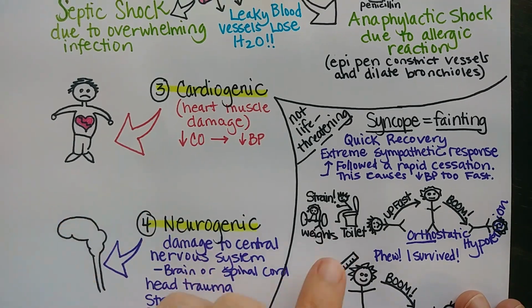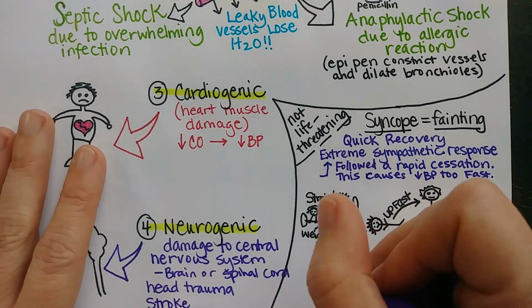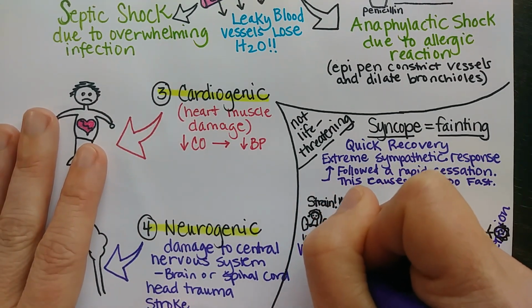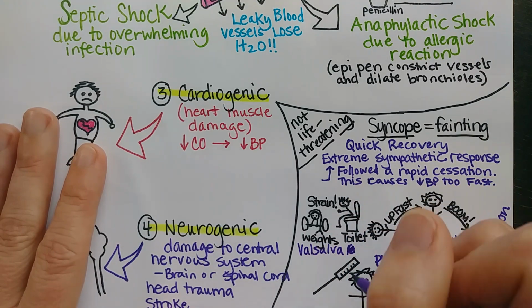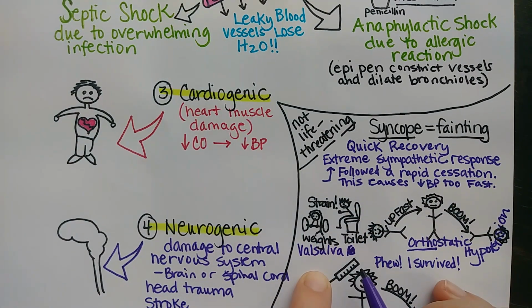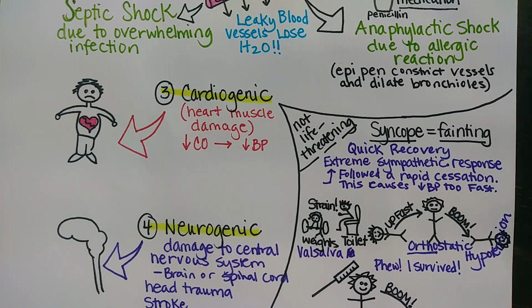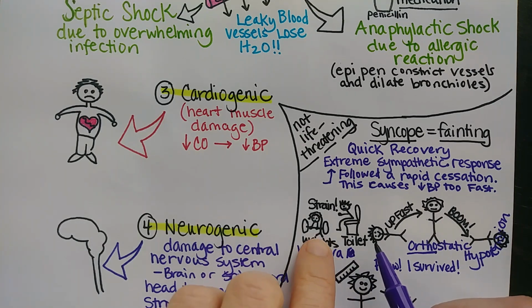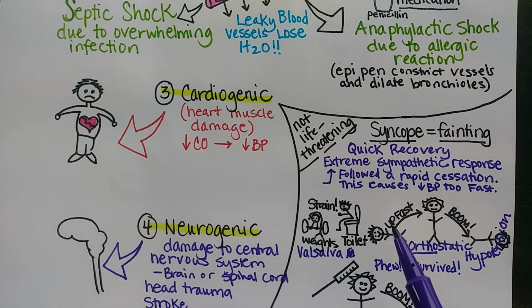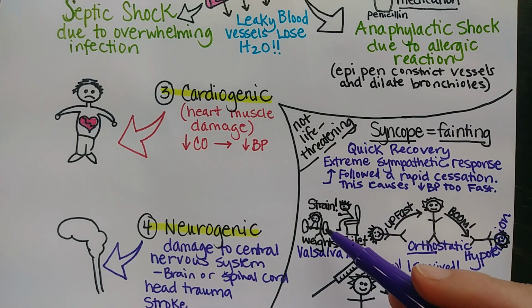And then, I wanted to give an example over here, something called the Valsalva maneuver. This is when you bear down. And when somebody bears down, then they can actually mechanically stimulate their vagus nerve, and then that will slow down their heart rate too much, which will decrease their cardiac output, and they will literally pass out, not have enough blood pressure.